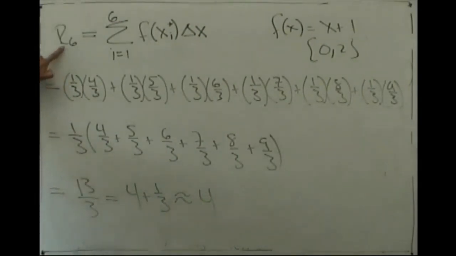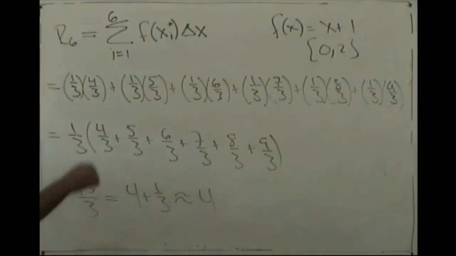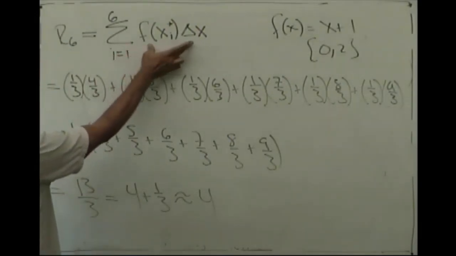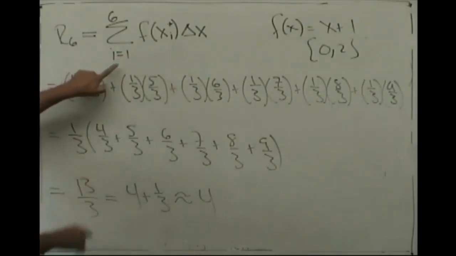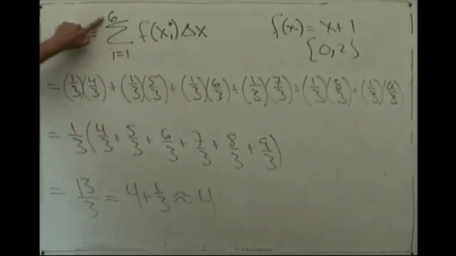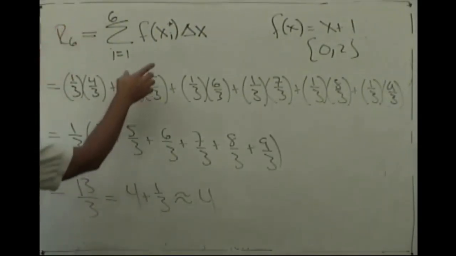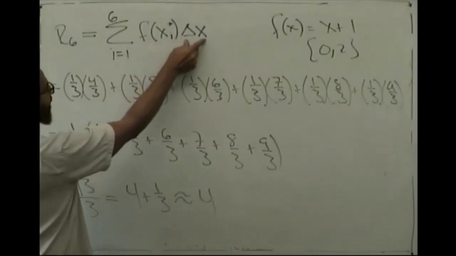So remember, the right endpoint approximation using 6 rectangles, right? We're going to add up all of the areas. So we're going to add up these 6 areas. Remember, I started at 1 and I stopped at 6, at n equals 6. And so here was the height and here was the width.